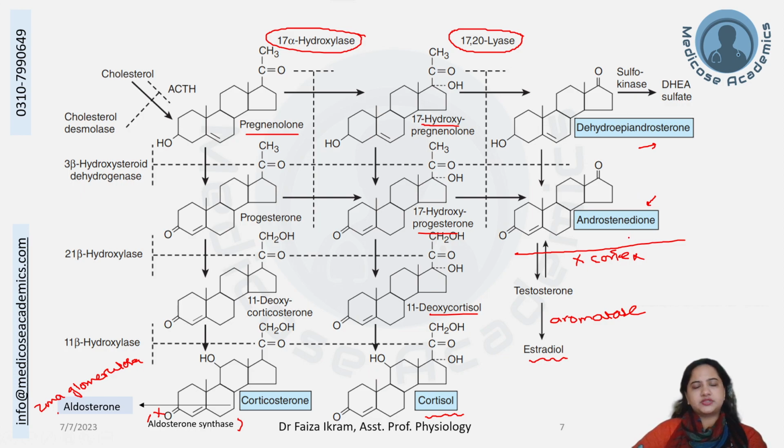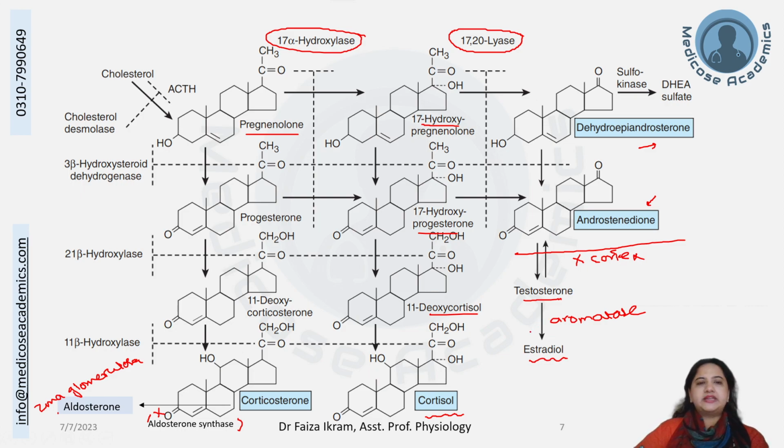The major source is the testes. But this conversion to estradiol provides a source of production of estrogens among males, because estrogen is not going to be directly produced by the testes. Again, testosterone is produced by testes and that can also be converted into estradiol. So this is not the only source.